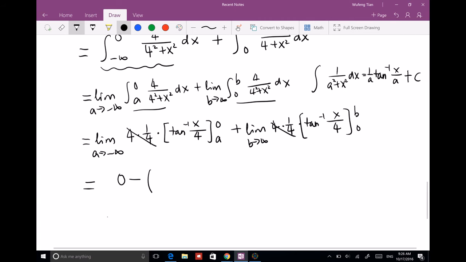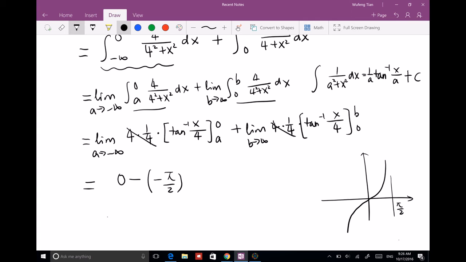Negative pi over 2. Negative pi over 2, perfect. Very good. If you draw the picture, you can tell pi over 2 is right here, and the tangent function is like this. At negative pi over 2 it approaches negative infinity, and at positive pi over 2 it approaches positive infinity.